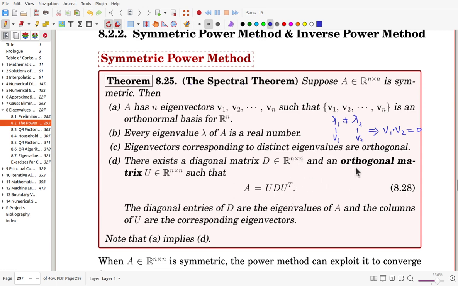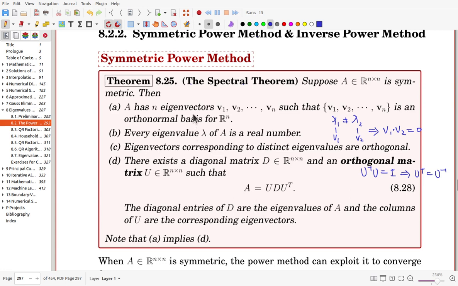An orthogonal matrix has the property that U transpose U is identity. That means that U transpose is U inverse. Diagonal entries of D are eigenvalues of A, and the columns of U are the corresponding eigenvectors.